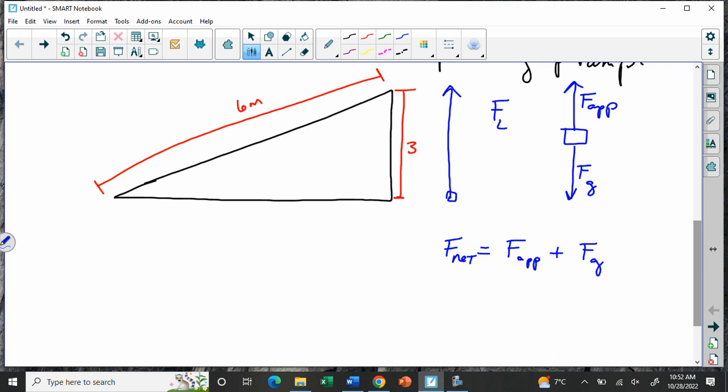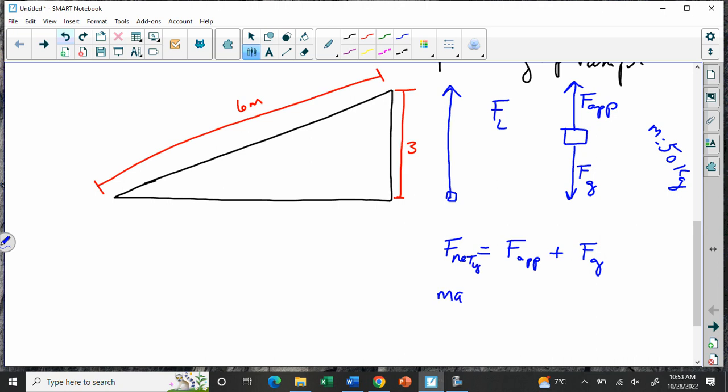Let's pretend that I told you that the mass of the object is 50 kilograms. Okay, there's our mass. So F net, of course, is MA, right? And this is the F net Y.